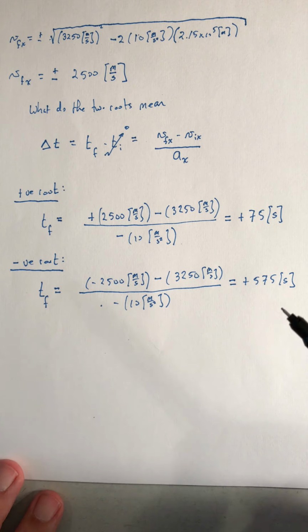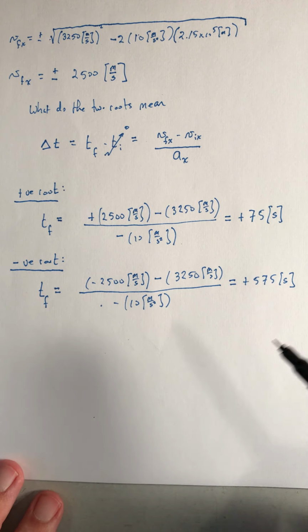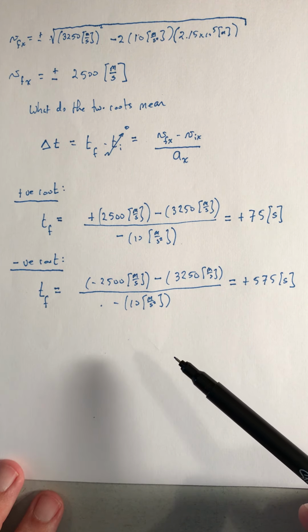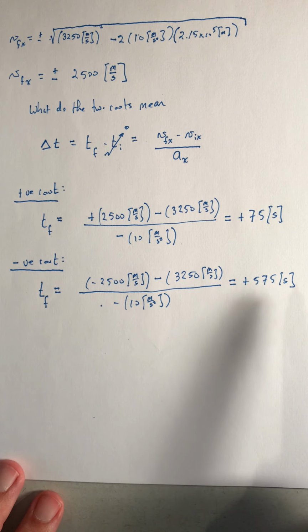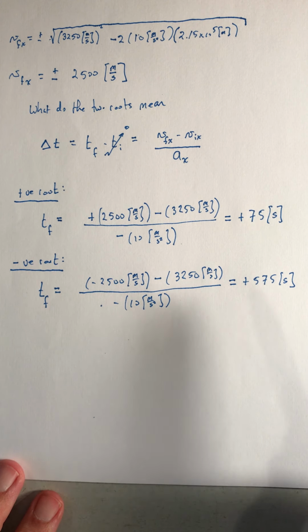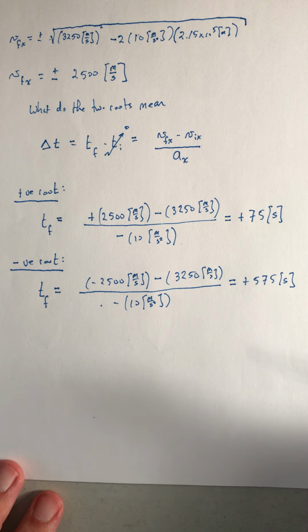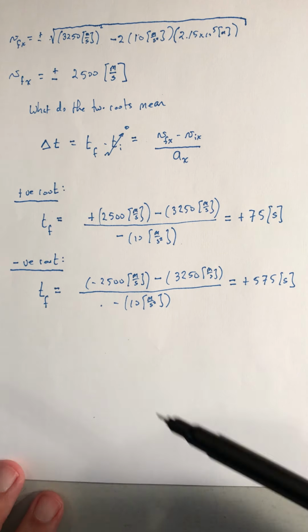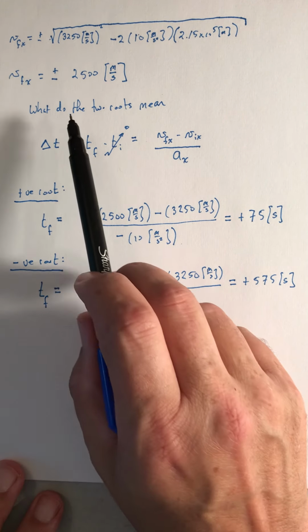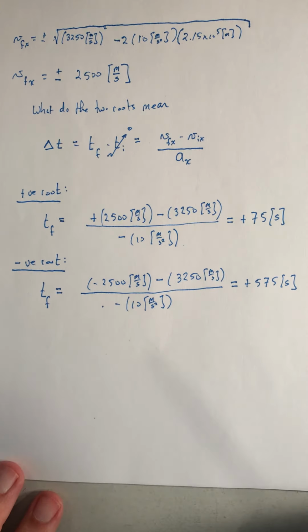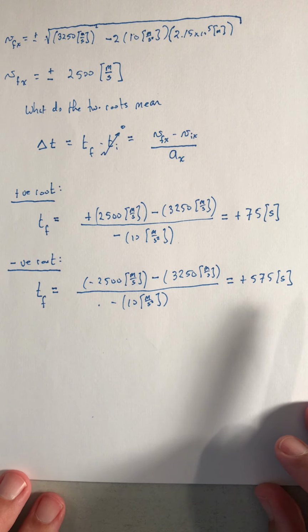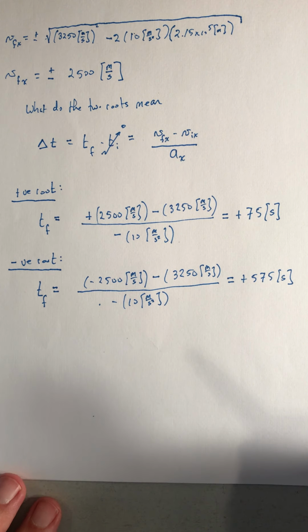Its velocity keeps changing, decreasing by 10 meters per second for every second of time. It will eventually come to rest for an instant, and then at time 575, it will go zooming to the left, and then it has a speed of minus 2,500 meters per second. Okay. So both of the roots have a physical meaning. They both correspond to motion.